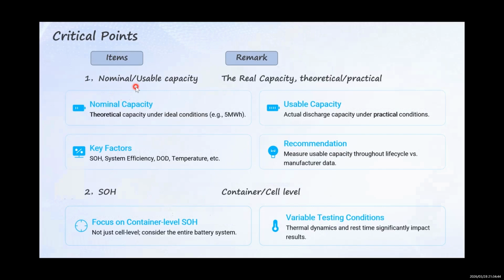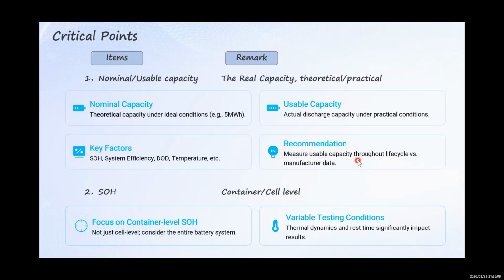So usable capacity is the discharged capacity tested on the DC side of battery containers in the practical conditions on site. SOH, system efficiency, DOD, temperature. There are so many factors that will influence the results.